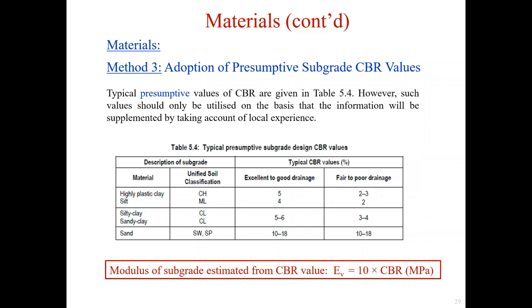So if the subgrade is composed of sand with excellent to good drainage or fair to poor drainage, the CBR is recommended to be taken in between 10 to 18. If you are not able to conduct either the lab testing or field testing, then you may be able to refer to the empirical values in this table with account of local experience.